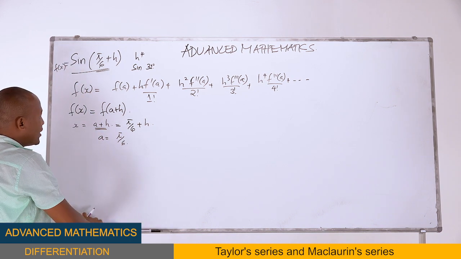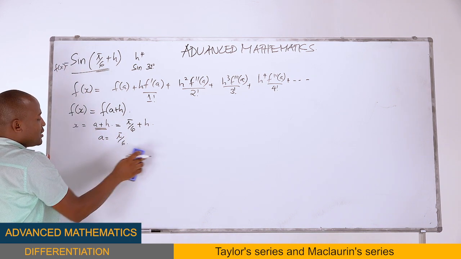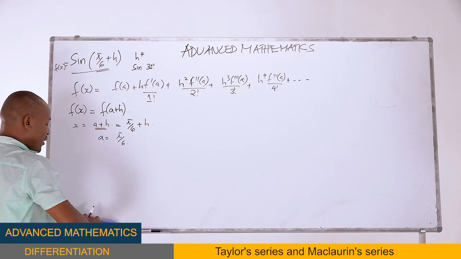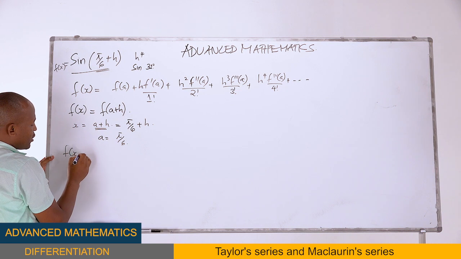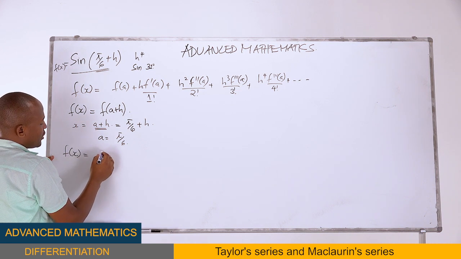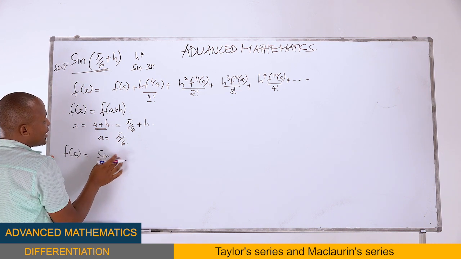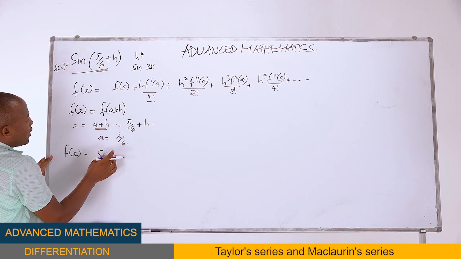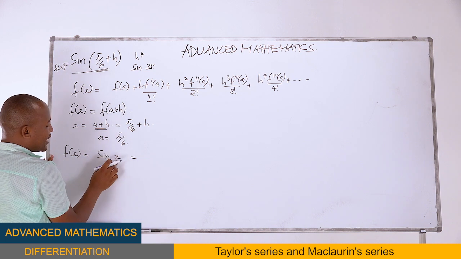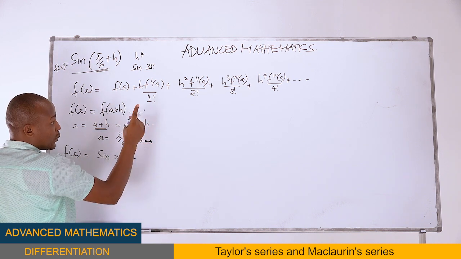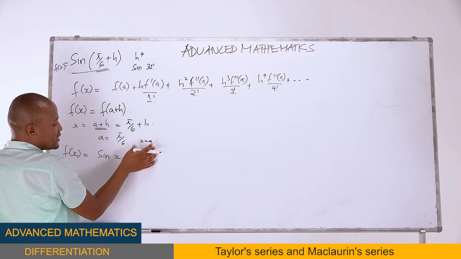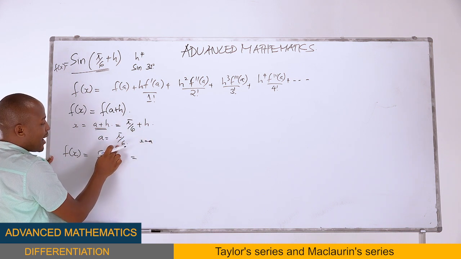I do hope you remember this, and it's a good reminder to you. Now let's see. Our function f of x is equal to sine of x. We are going to evaluate when x is equal to a, as we did in the last part. And what is a? Our a now is pi over 6.